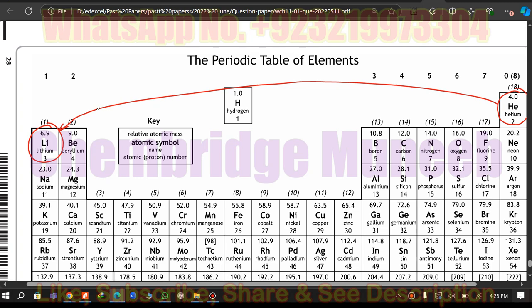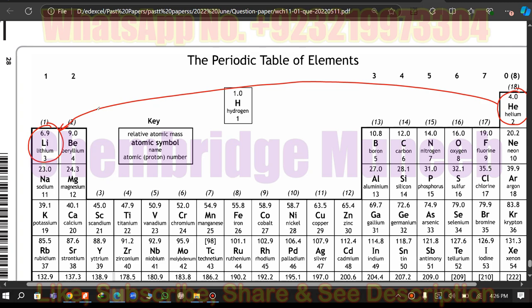Less first ionization energy. Why? Because there's one electron on the outer side, and there is one more proton in the nucleus. The effect of shielding is stronger because of the one electron in the shell.